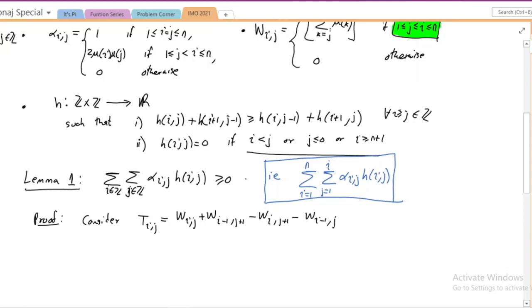The idea is that this is mostly going to be equal to alpha_ij, because it's going to be equal in the range of interest, but outside that we're not too interested, and it may not necessarily hold.